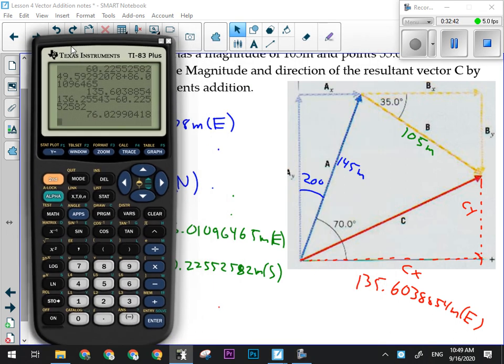All right, so my total Y is going to be 76.029 meters north.